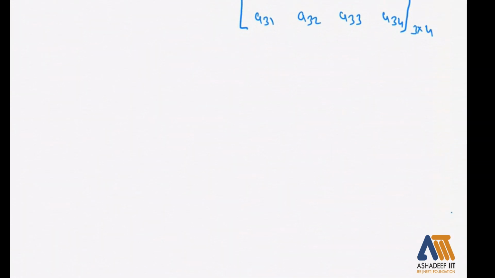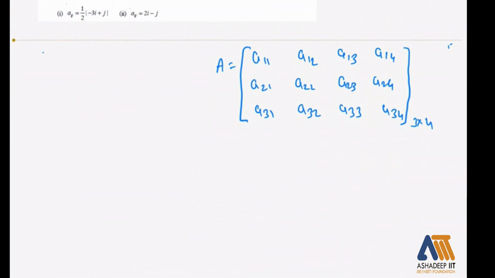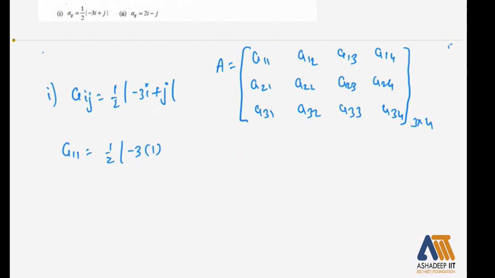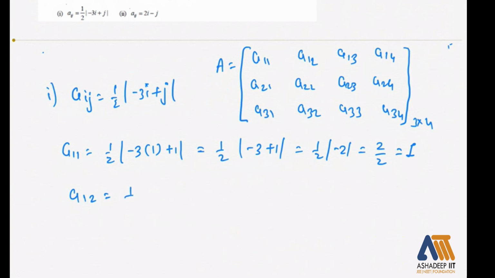3 cross 4. So first, Aij is equals to 1 upon 2 modulus of minus 3i plus j. So A11 is equals to 1 upon 2 modulus of minus 3 plus 1, which is 1 by 2 modulus of minus 2, that is equals to 2 by 2, which is equals to 1. A12: 1 upon 2 modulus of minus 3 plus 2, so 1 upon 2 modulus of minus 1, which is equals to 1 upon 2.